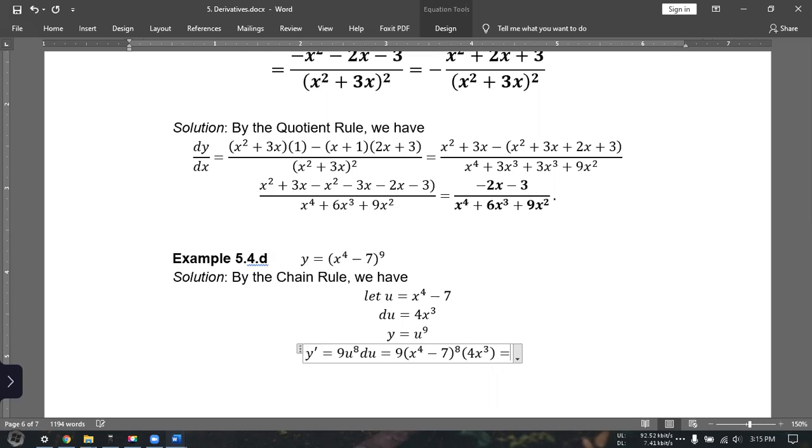Then we can simplify this. 9 times 4 is 36 x cubed, times x to the fourth minus 7 raised to 8, and that's it. This should be the final answer.